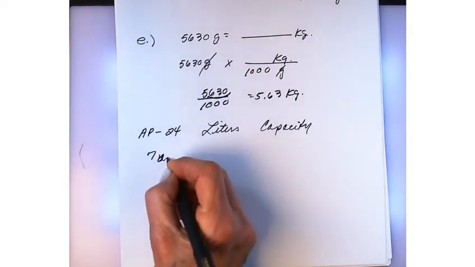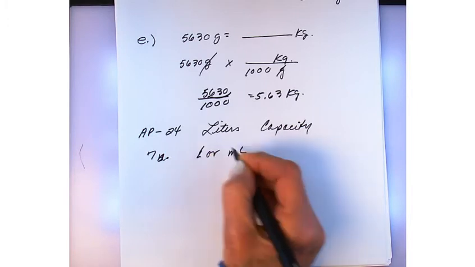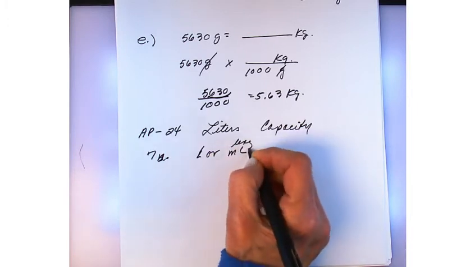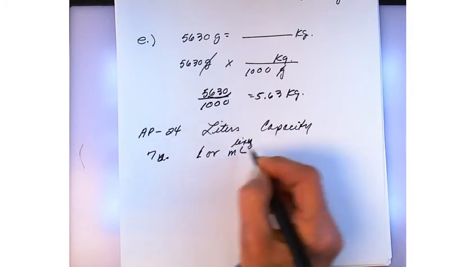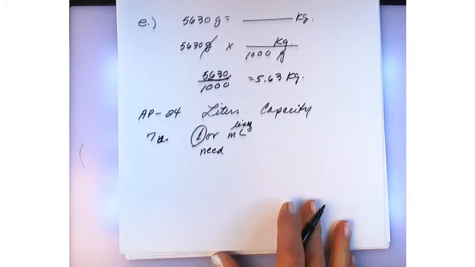Is that paint we know is liquid, so we know we need either liters or milliliters. Well, milliliters is so tiny that we need liters for paint.